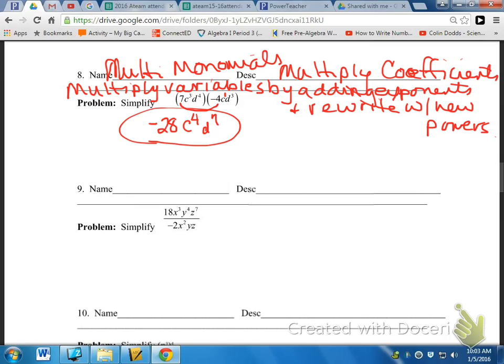All right, we're going to go ahead and do number 9. And number 9 is divide monomials. And this time, for the description, reduce coefficients.